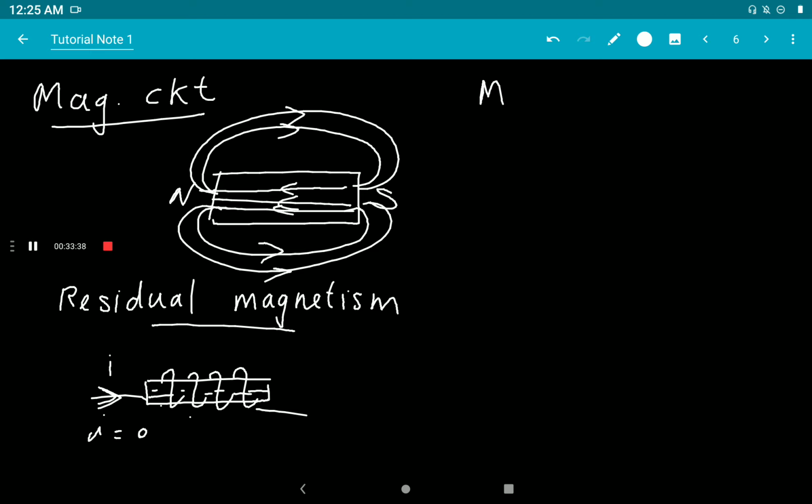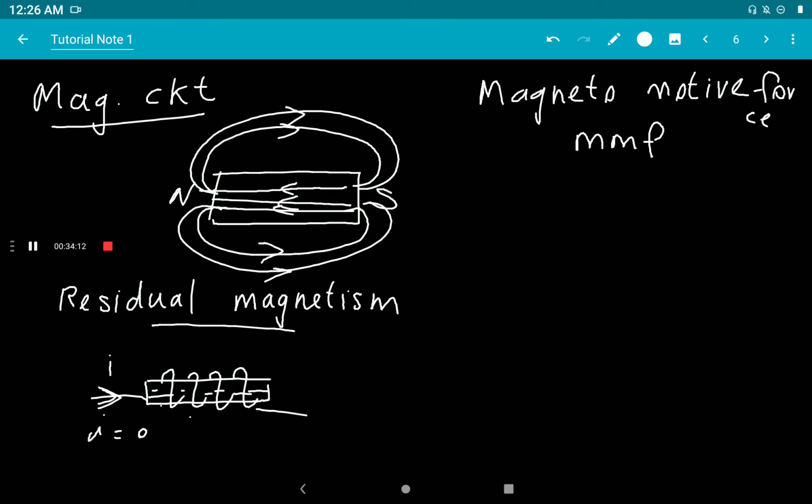Next we have studied magnetomotive force. That is MMF. The force which drives the magnetic flux through a magnetic circuit is called magnetomotive force.